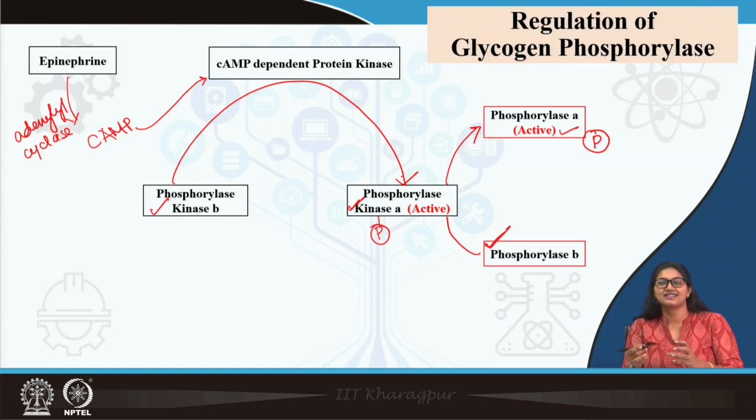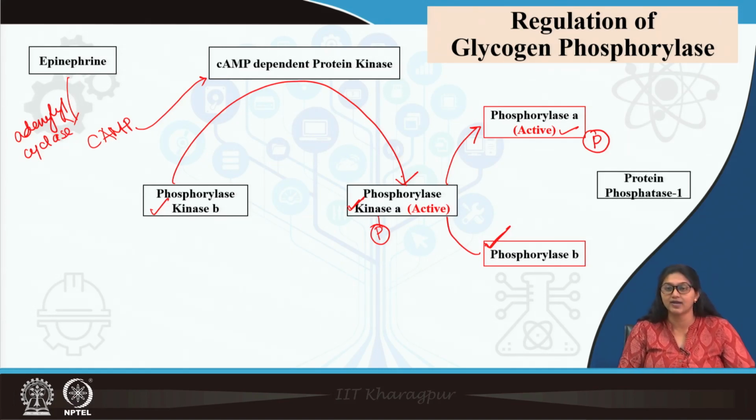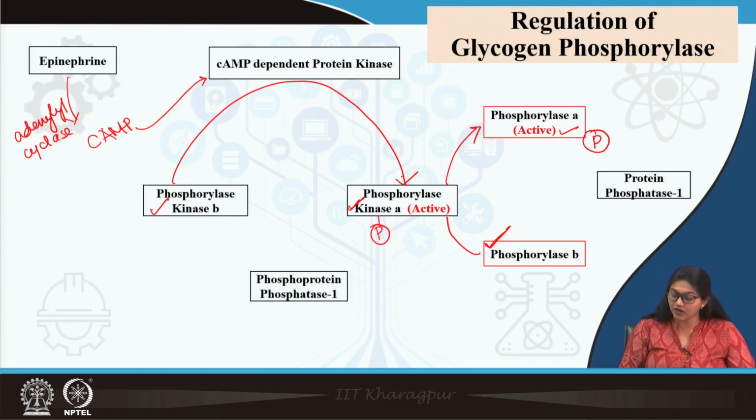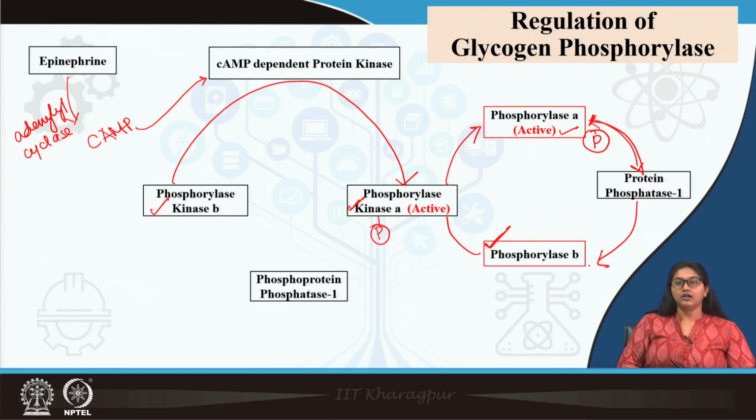If there is a kinase, there is a phosphatase as well, which deactivates this enzyme by dephosphorylation. Dephosphorylation occurs by protein phosphatase 1. This protein phosphatase inactivates phosphorylase as well as phosphorylase kinase.